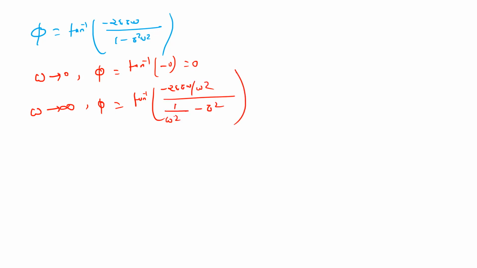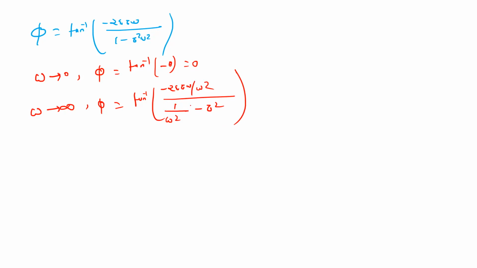So omega tending to infinity, this will be 0. This will be 0. But here minus 0 is 0.